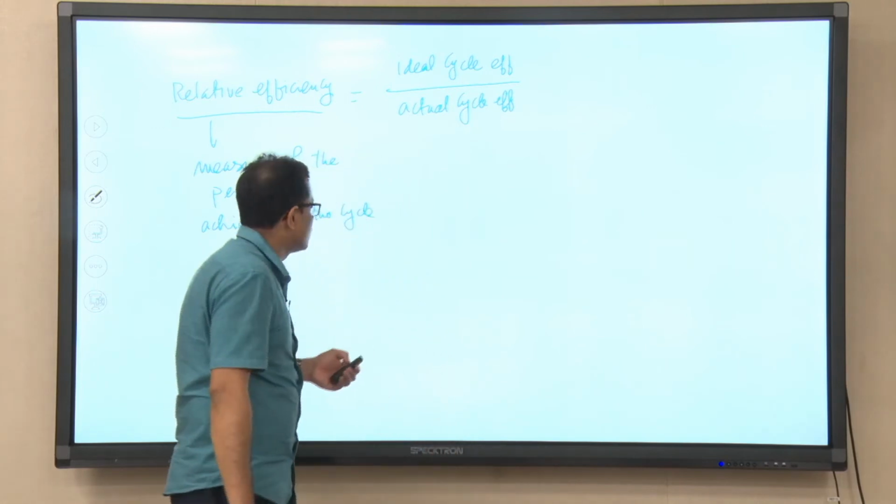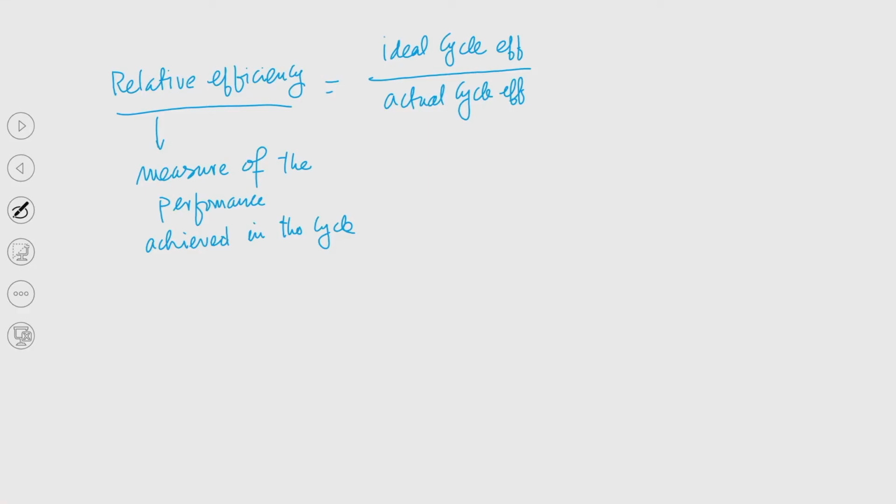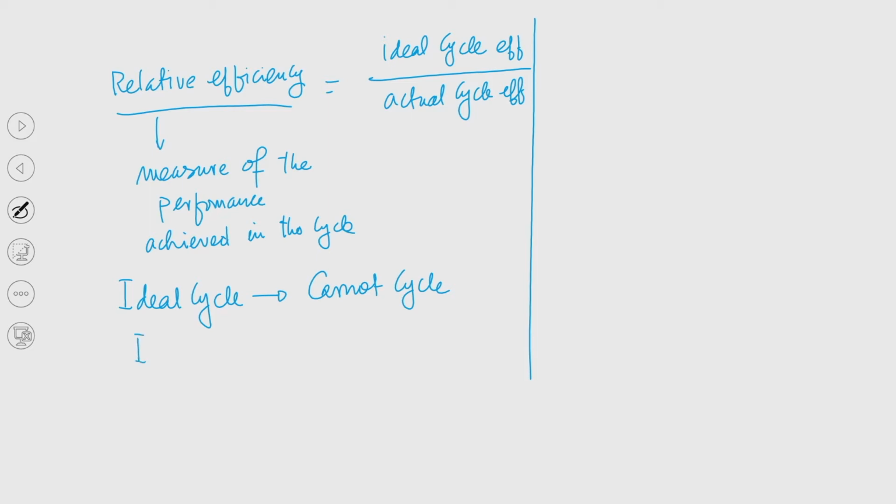So, now if we try to compare that, if we write over here, the ideal cycle, the Carnot cycle is considered first, and similarly the ideal steam power or vapor power cycle.